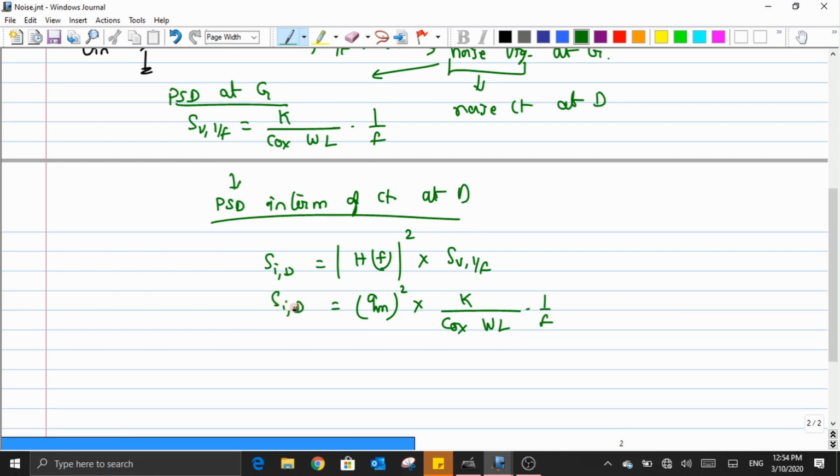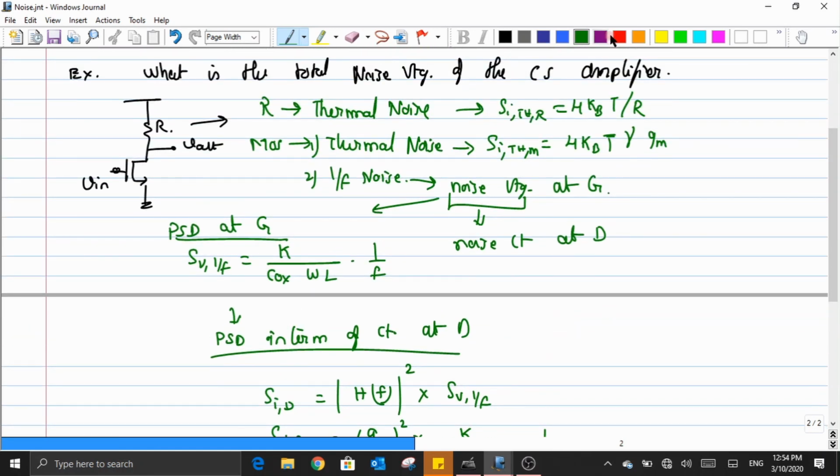So now that I have all those power spectral densities in terms of current, since all of these three components are in terms of current, I can just add them up because everything appears in parallel. Does this make sense? You can just add the current sources.